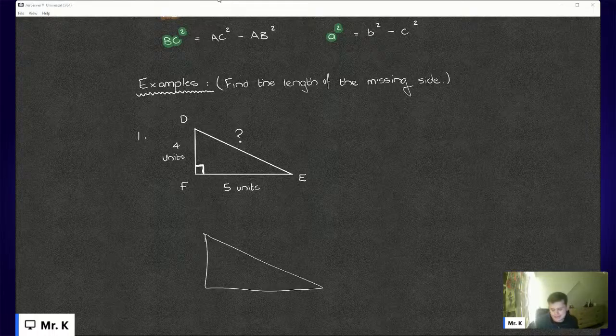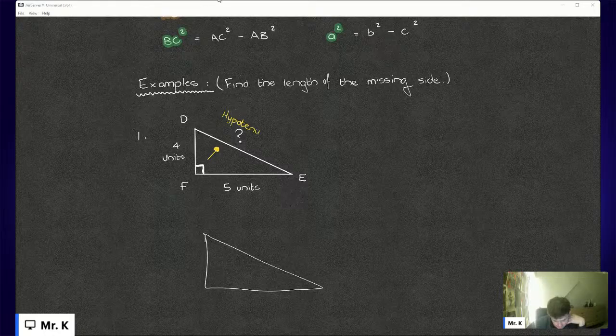Remember, the side opposite from my right angle is called the hypotenuse. It is always the longest side of a triangle. So, how do I start this off?